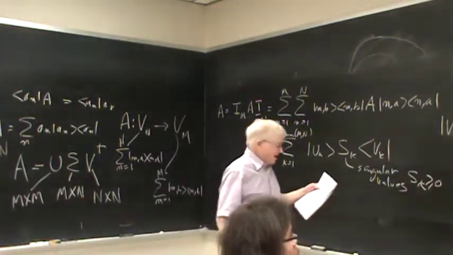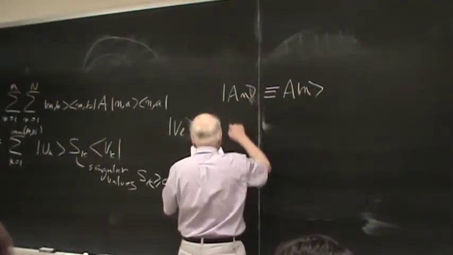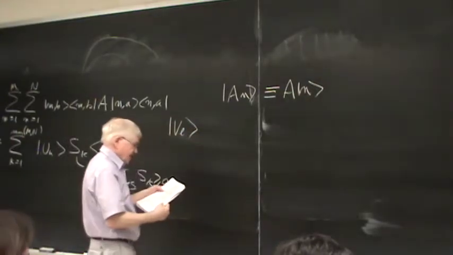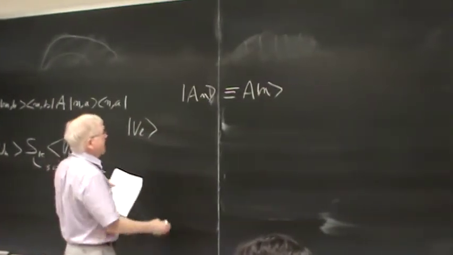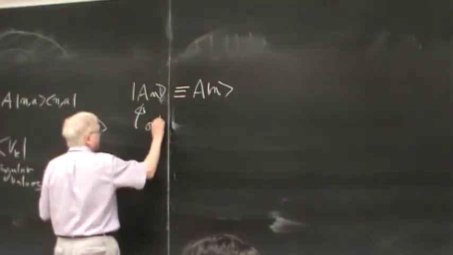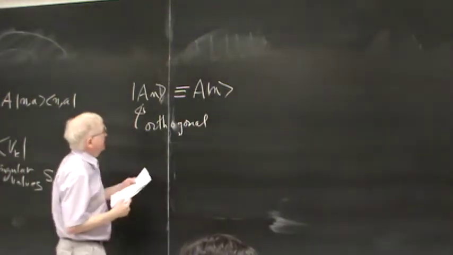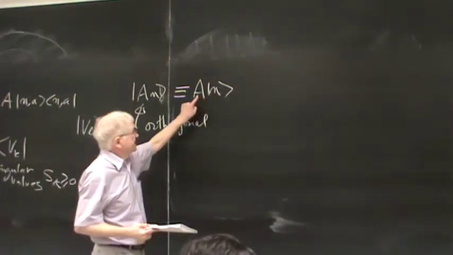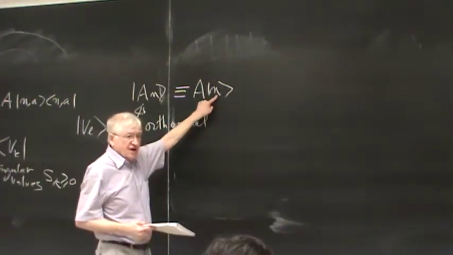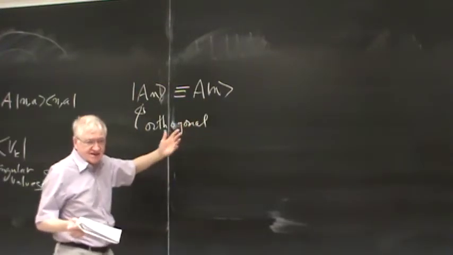And what we want is we want to pick this basis in a special way. And the special way is that these guys should be orthogonal. So we want to pick the basis N such that A maps orthogonal vectors into orthogonal vectors rather than into some mess.